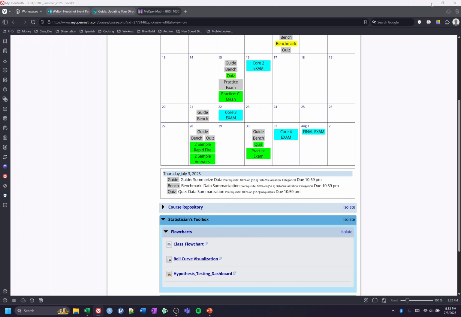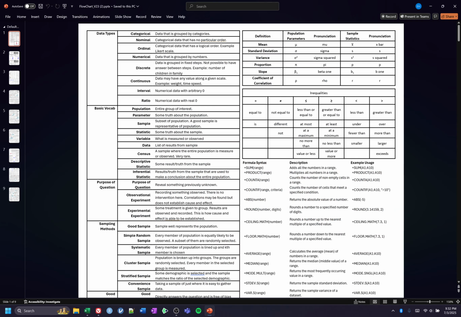In our flowchart, there are a lot of things: definitions, symbols and what they mean, inequalities, and a bunch of formulas for help with Excel. And then we have this spot here called empirical rules. These are the rules that work for every normal distribution.